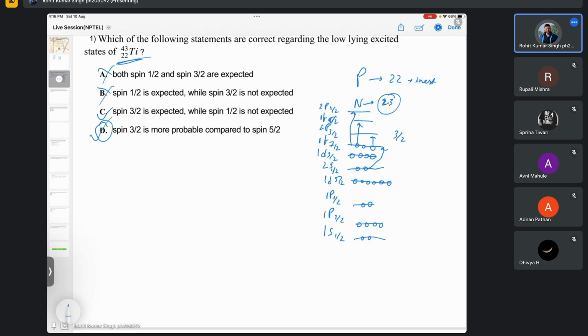So that's why spin half is not expected. Okay. So does anyone have any doubt here? Okay, if not, let's go to the next problem.